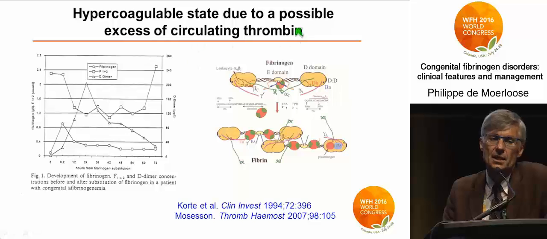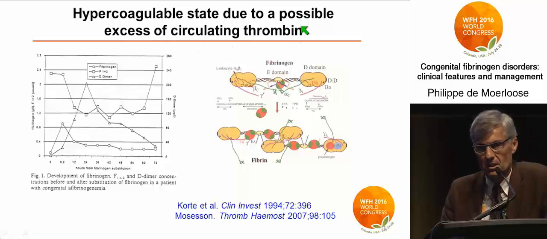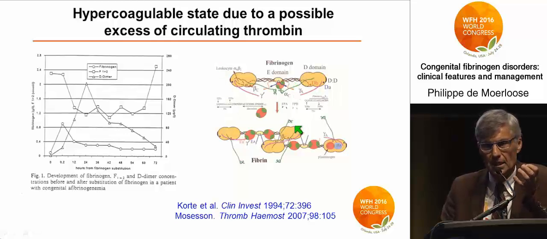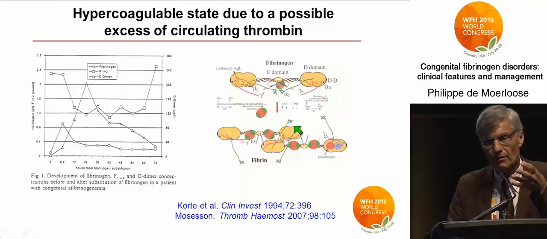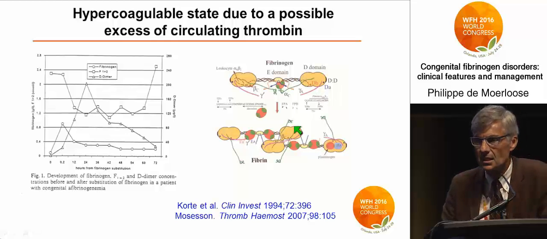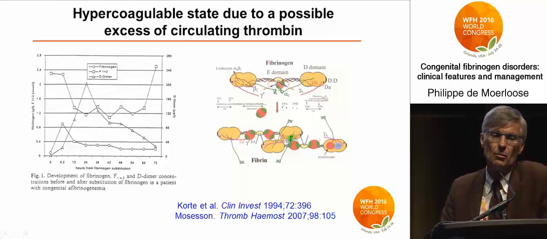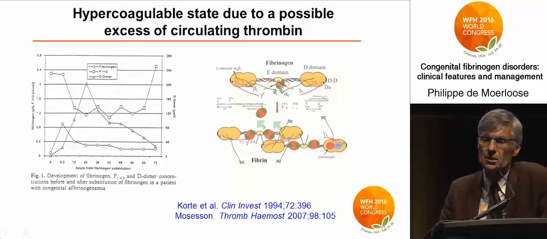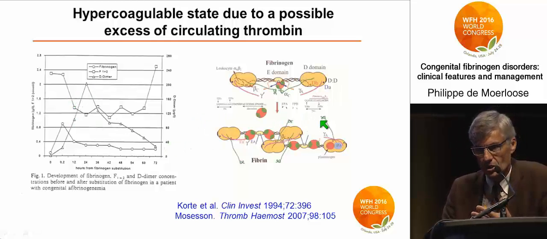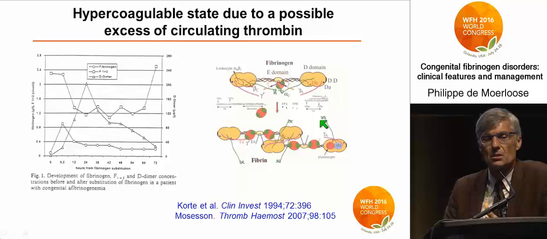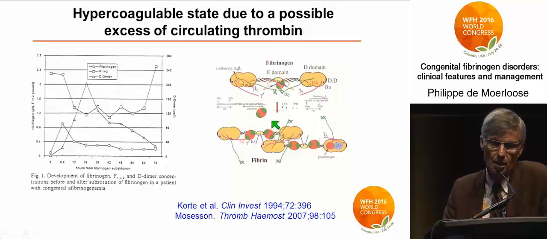One possible explanation, though it's not as simple as that, is that fibrin traps thrombin. That means when you don't have any fibrin, you have an excess of thrombin, and this excess of thrombin could lead to some complications. There is an increase of F1+2, and when you give fibrinogen, you decrease the F1+2. So there is one possible explanation, but there are other explanations.